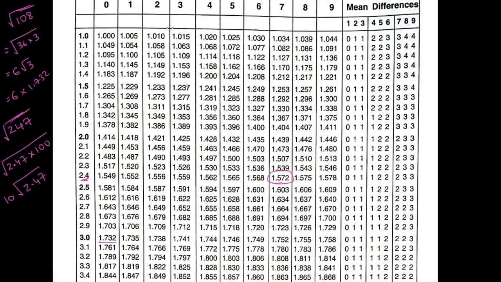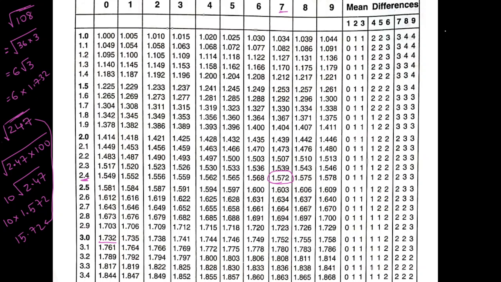This is 2.4 and this is 7. So the square root of 2.47 is 1.572. So this becomes 10 into 1.572, which is basically 15.72. That's the value for the square root of 247.